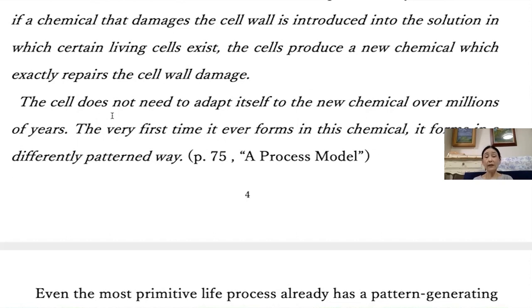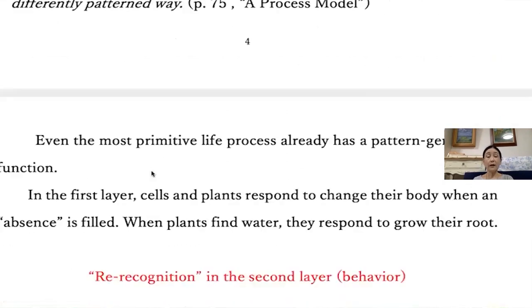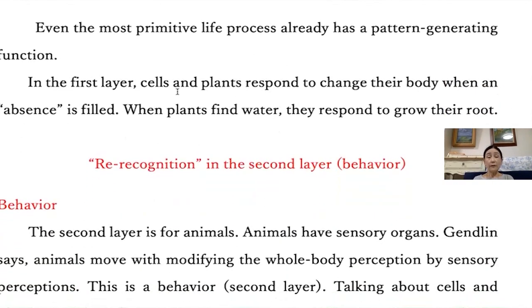The cell does not need to adapt itself to the new chemical over millions of years. The very first time it ever forms in this chemical, it forms in a differently patterned way. Even the most primitive life process already has a pattern generating function.